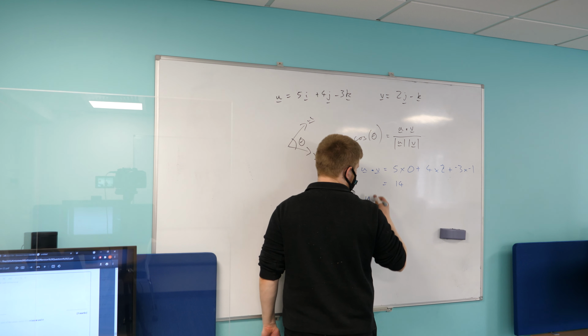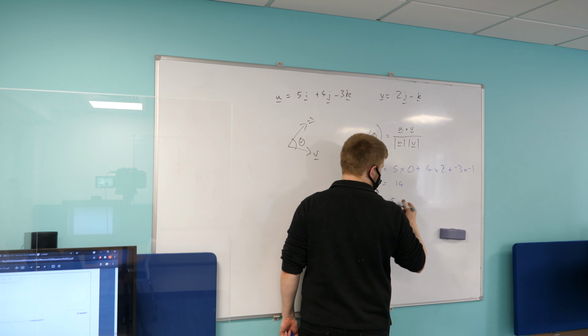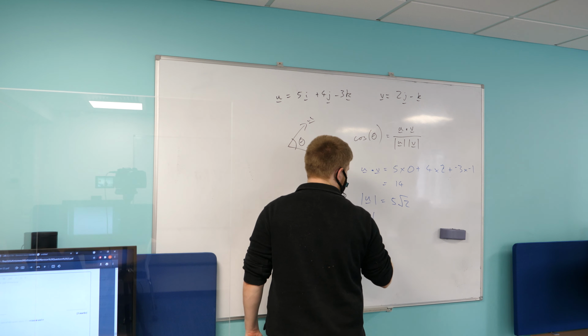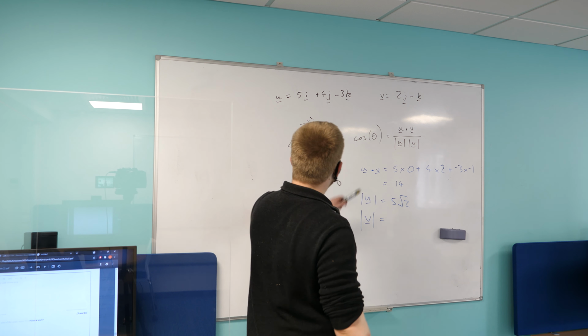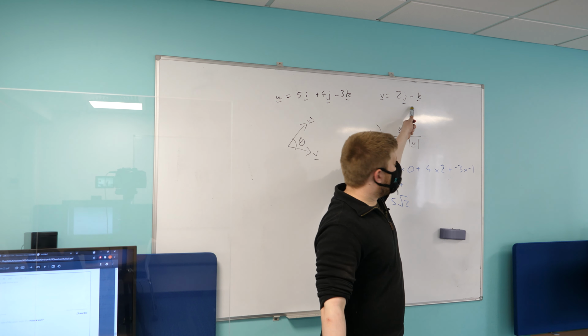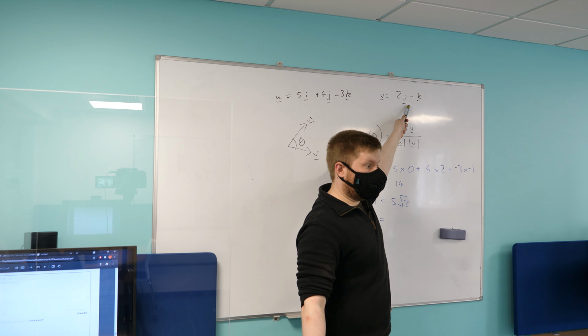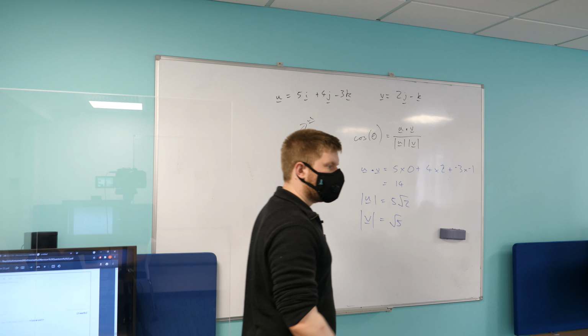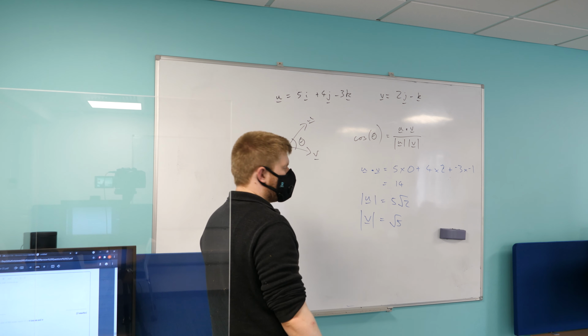So magnitude of u we've already found, that was 5 root 2, we found that in the last question. Let's find the magnitude of v then. So that's going to be 2 squared plus negative 1 squared, that's square root of 5. Does that make sense?